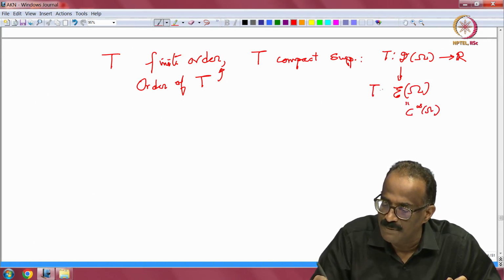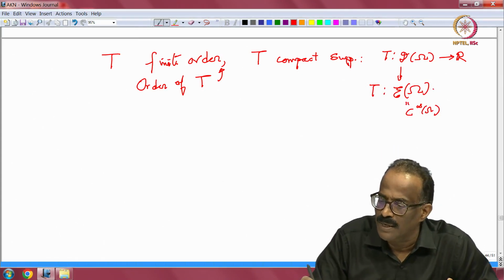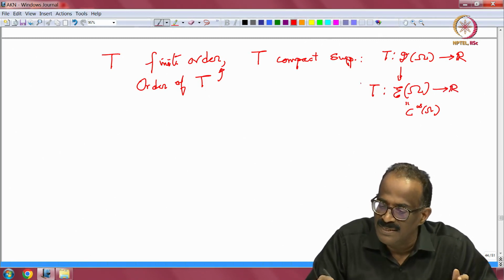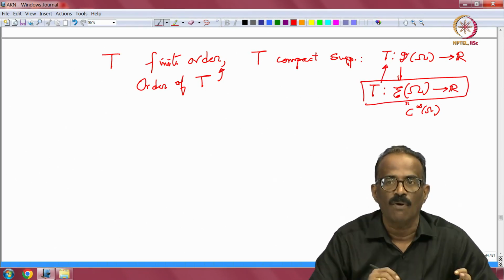So, using the same notation, when T has compact support, T can be extended to E(omega) as a continuous linear functional. Conversely, if T is a continuous linear functional there, then the restriction will have compact support.